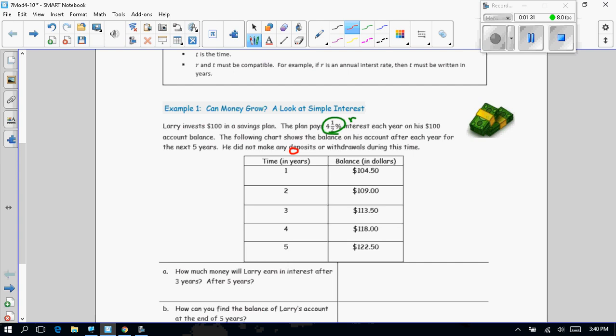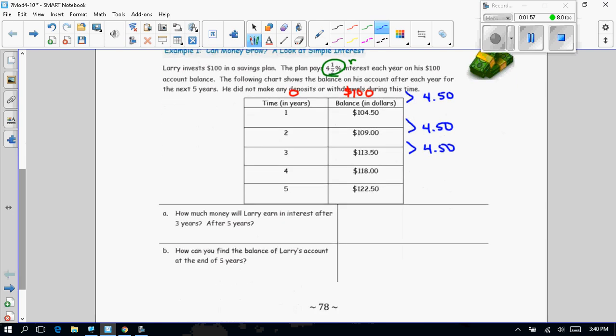So it's year 0, when he drops it in there, there's $100. And if you notice, every year the bank sends him $4.50 for leaving it there. And then he puts it back in there, or the bank puts it in there for him. And then the next year he gets another $4.50, and a year later he gets another $4.50, and so on and so forth.